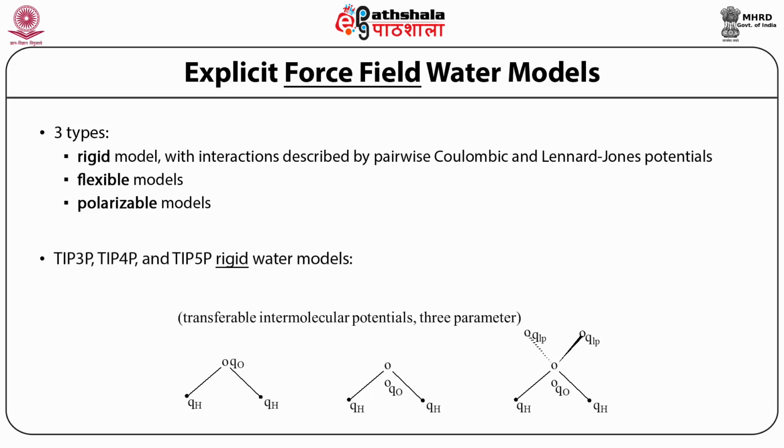The bottom picture shows three models given, and three different sets of parameters are included. As you see, one can be a simple hydrogen bond type with Q0O and QH. Another could be not exactly at the center position of the oxygen, but a little bit away.